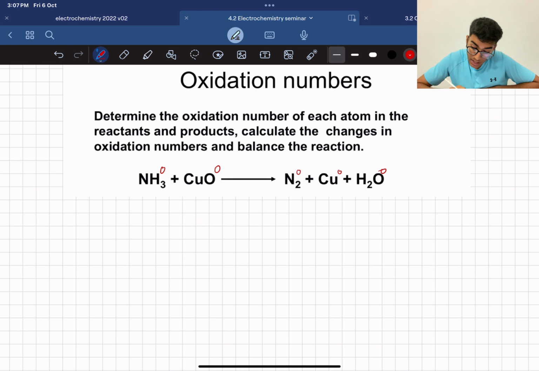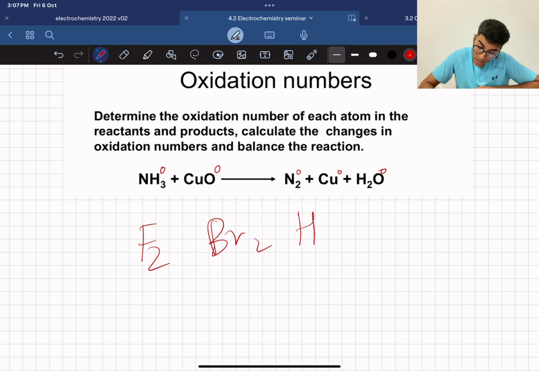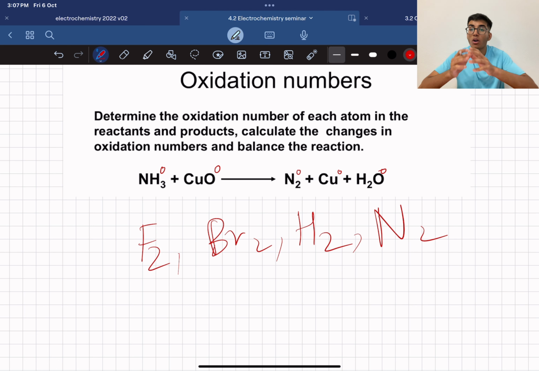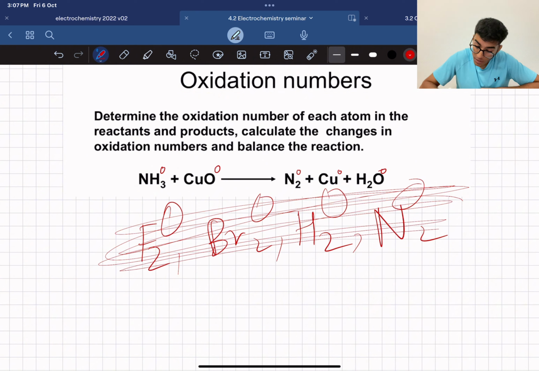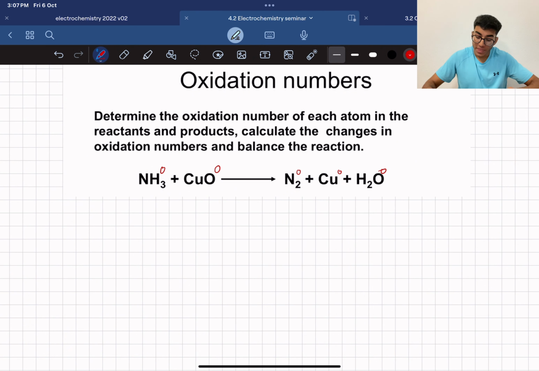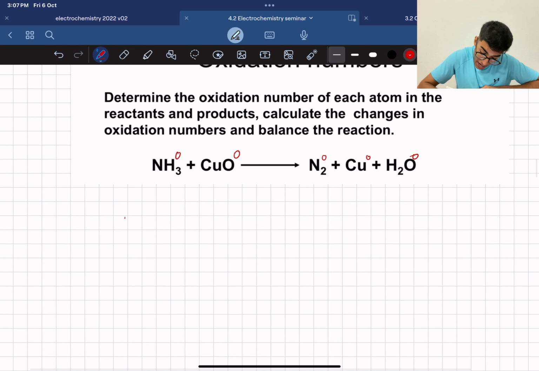Even for elementary molecules like F2, Br2, H2, N2, all of these are composed of one type of element. These also have the oxidation state 0. So for N2, the oxidation state is going to be 0 because it's an elementary molecule, and the same applies for Cu, which is also an element, so it's going to be 0.